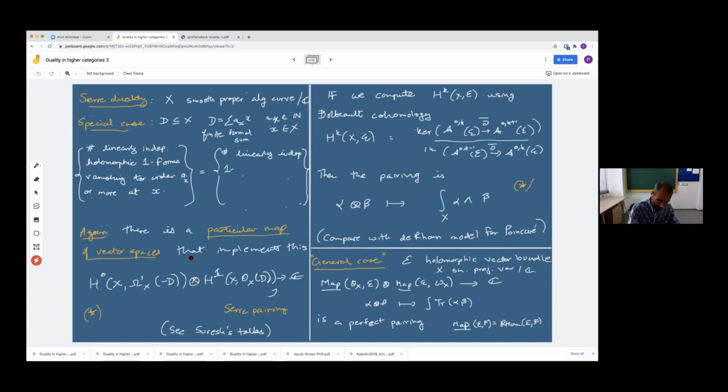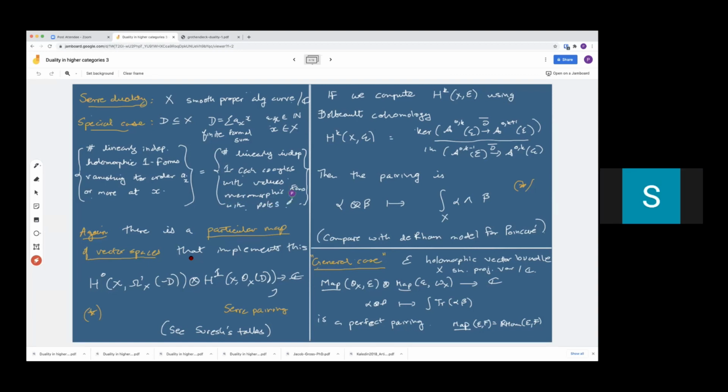One-check cocycles with values in meromorphic forms with poles of order at most AX at X. Yeah, the problem was with my verbal description here.